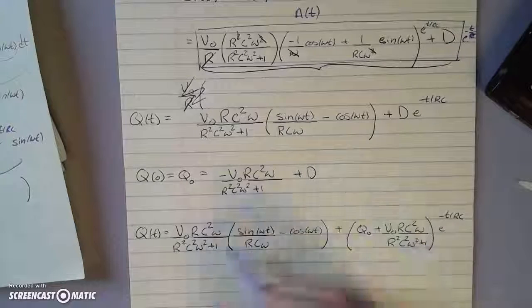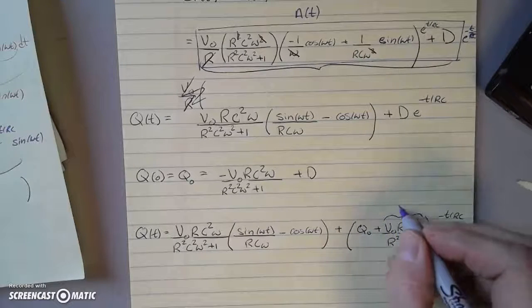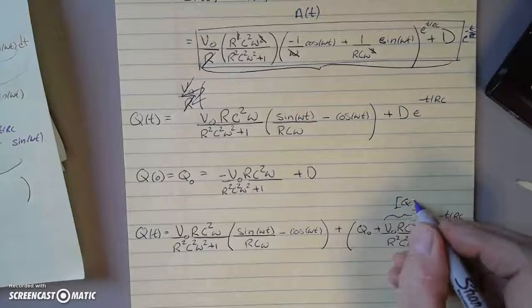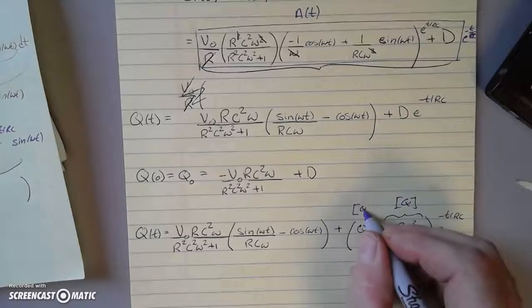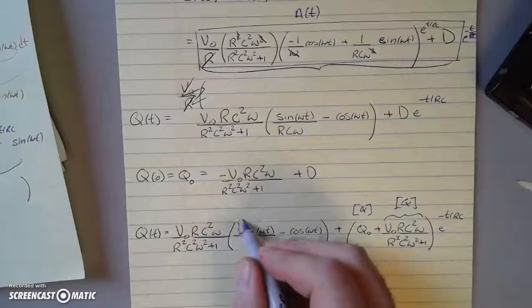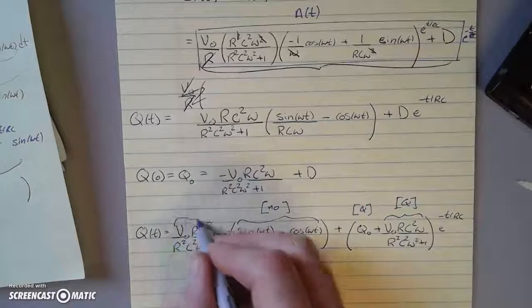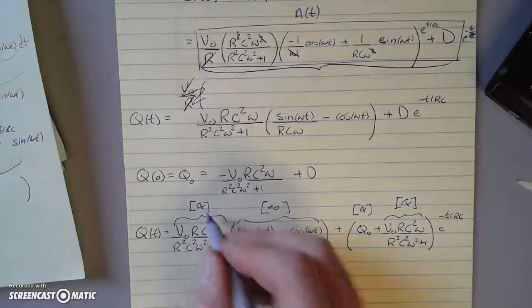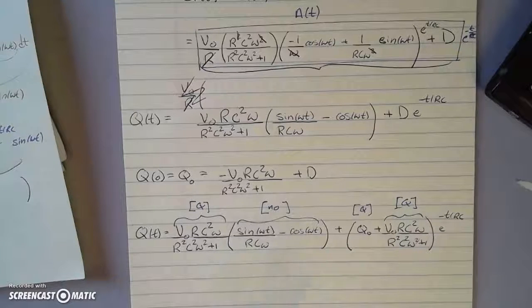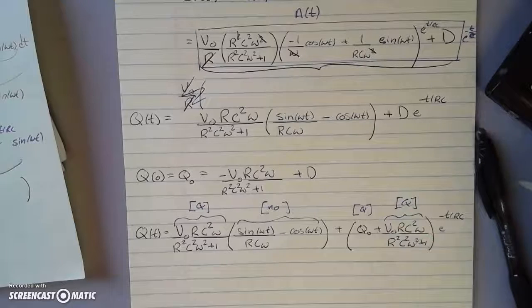This is the same thing as this, so this has units of charge. This has units of charge. This has no units, and this has units of charge. So everything works out. I'm going to put this in some software and show you what it looks like in the next video.